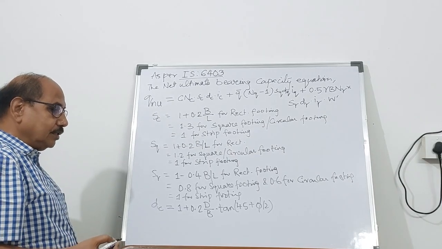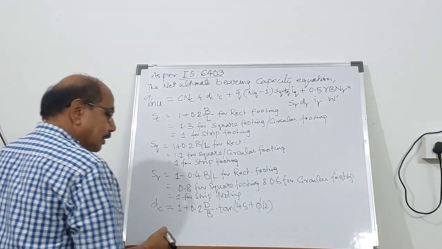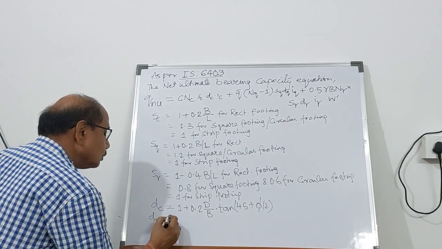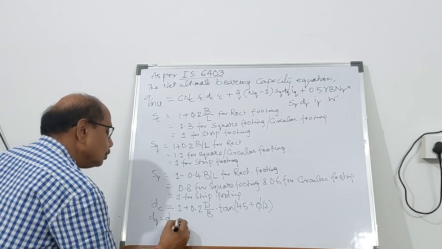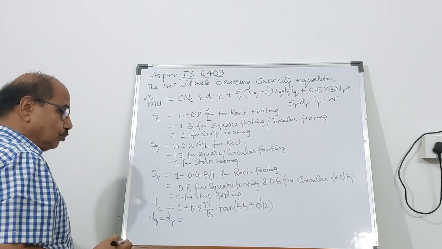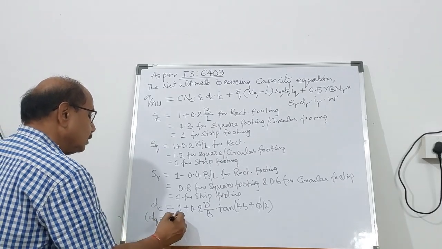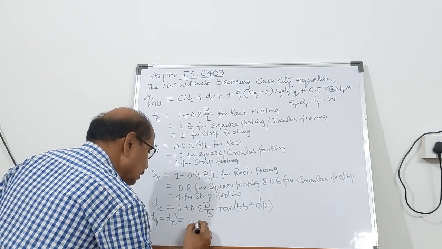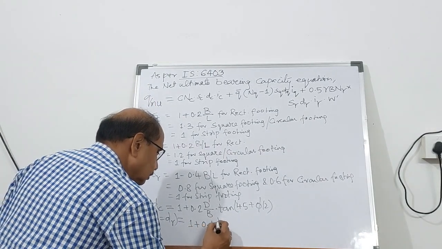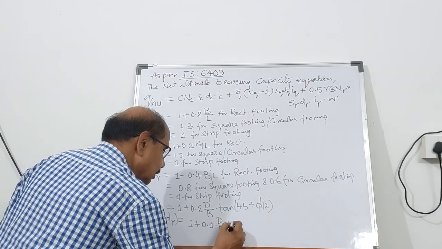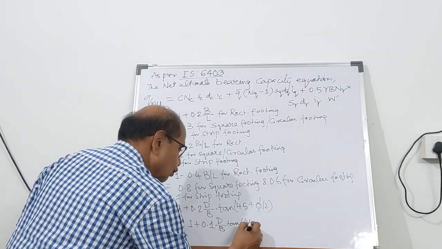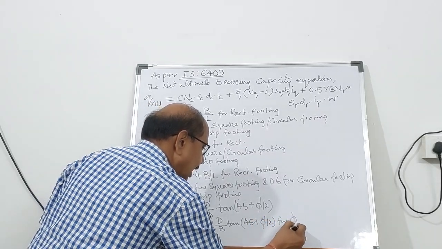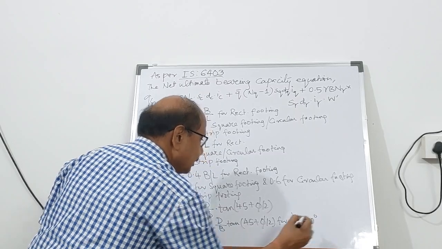And the depth factor Dq equal to D gamma, that you can calculate as 1 plus 0.1 D by B into tan of 45 plus phi by 2 for phi greater than 10 degrees.